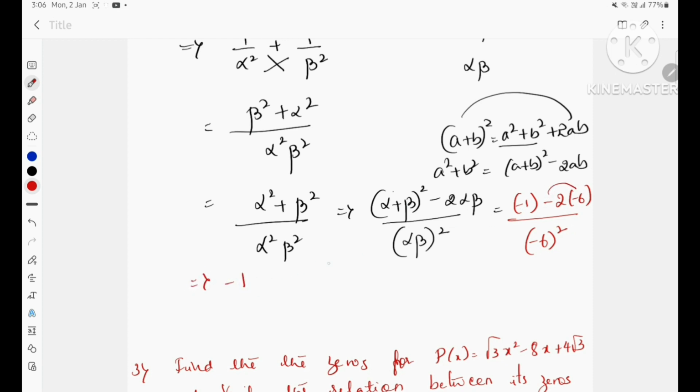If you simplify this, you get minus 1 whole square, so you get 1, minus into minus is plus, 1 plus 12 is 13, by 6 square, which is 36. So the value of 1 by alpha square plus 1 by beta square will be 13 by 36.